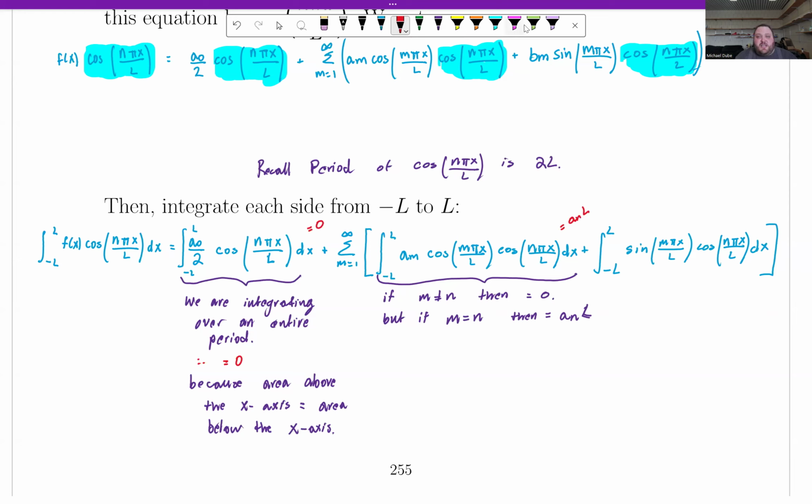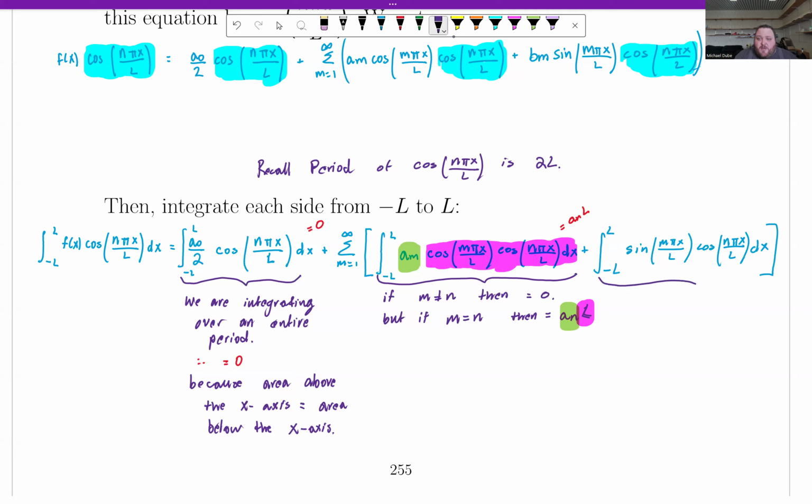Okay, and let's just think about this. A n is here because remember m is equal to n at this term, and all of this right here will equal L, and that is from our formula above that we used on our previous examples. Okay, and so this whole term, only one of the terms will be non-zero, and that term will be a n times L. Okay, and finally, we have sine times cos.